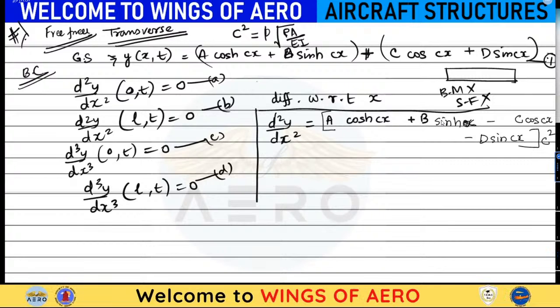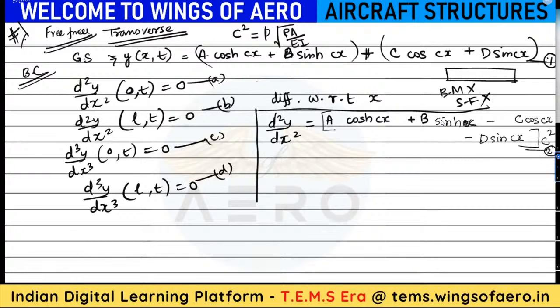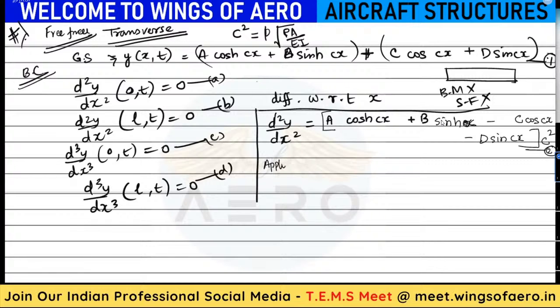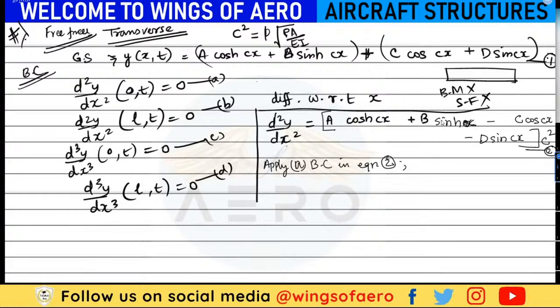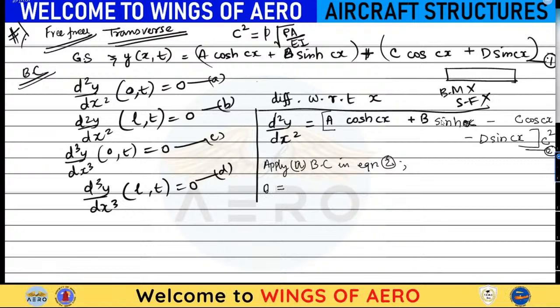Yes. Now this becomes equation number 2. Let's consider this equation 2. Now you're going to apply the first boundary condition in equation 2. That means d square y by dx square is going to be 0 at x equal to 0, wherever x is there.